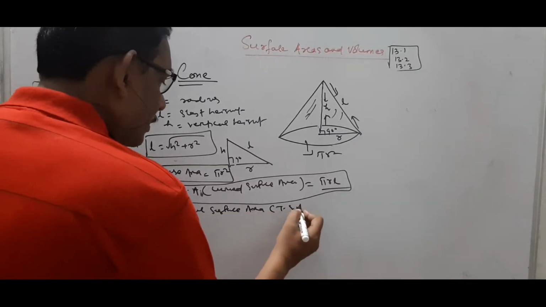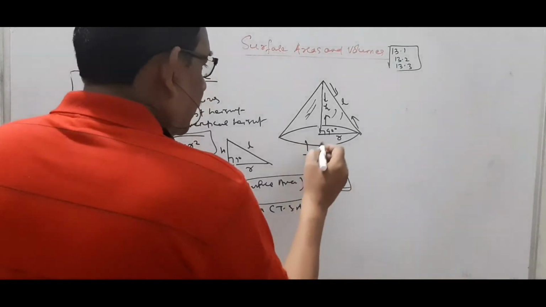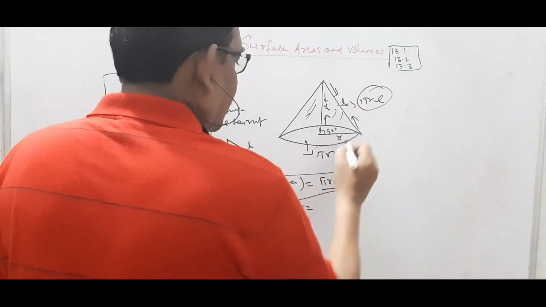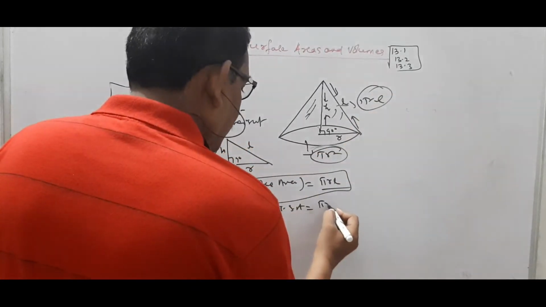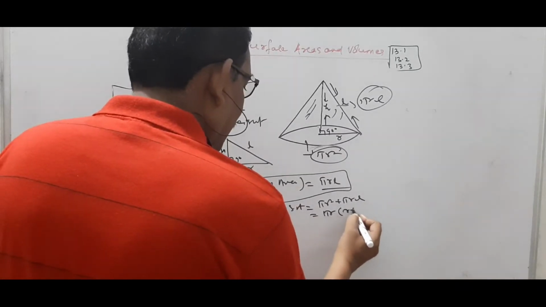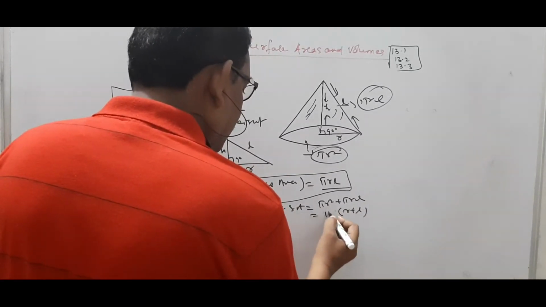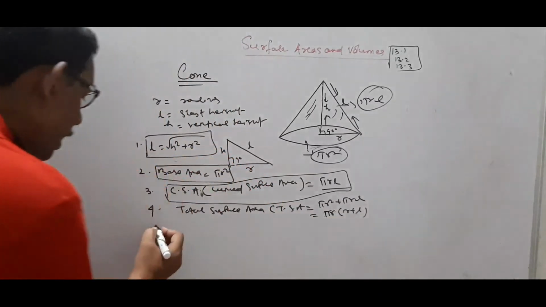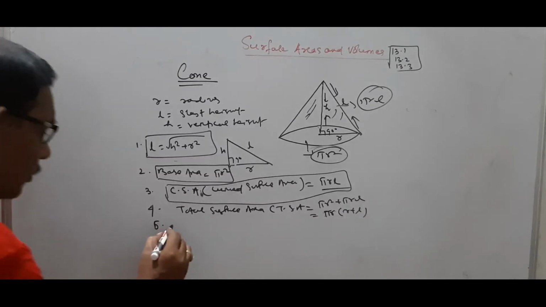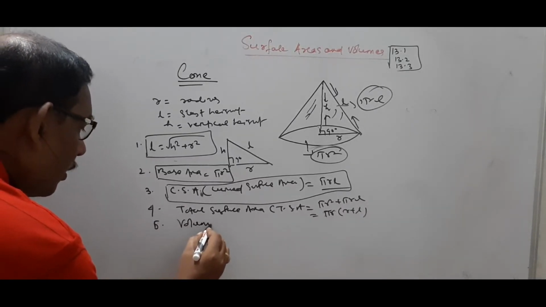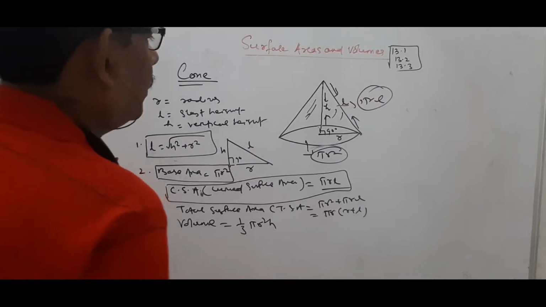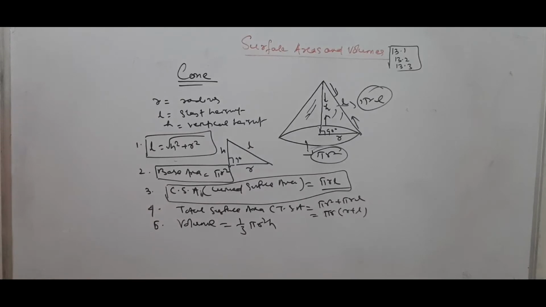It means CSA plus pi r square, it is pi r l plus pi r square. So pi r square plus pi r l, it means pi r common, it is r plus l. Okay. Now come to volume. Volume of the cone is equal to 1/3 the volume of your cylinder.